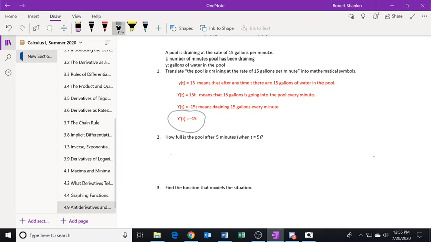Ah, how full is the pool after 5 minutes? The initial amount minus 5 times 15. And 5 times 15 is 75. All right, so that's really good. Whatever the initial amount was, minus 75.